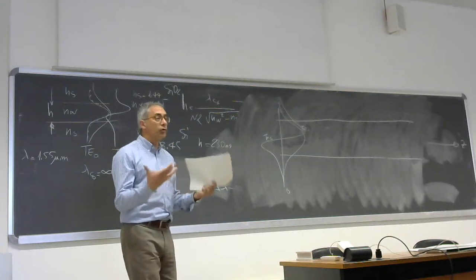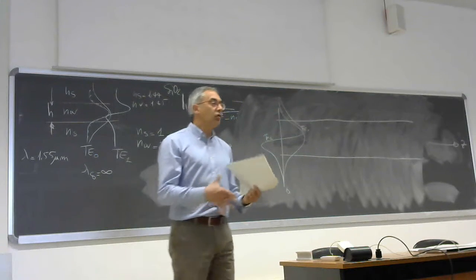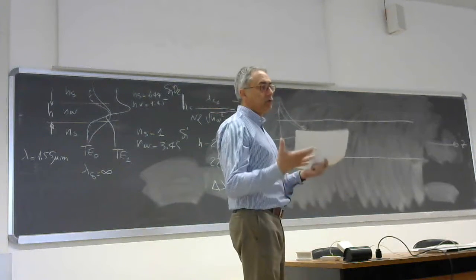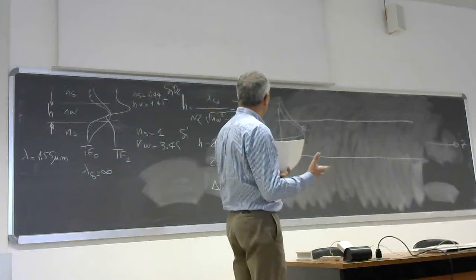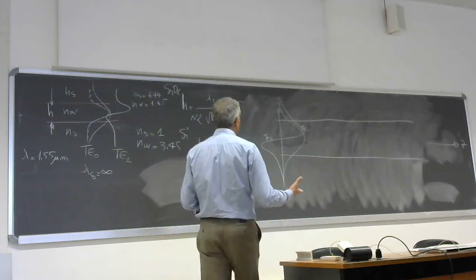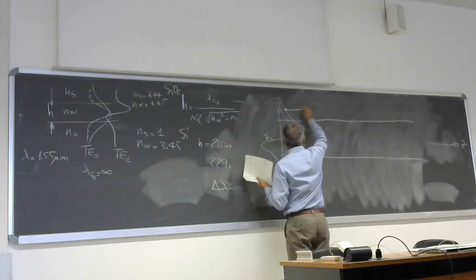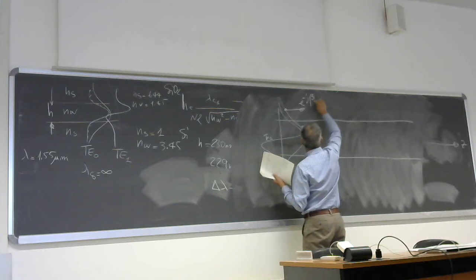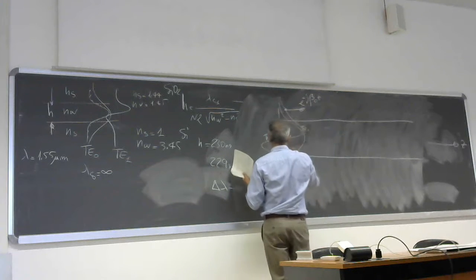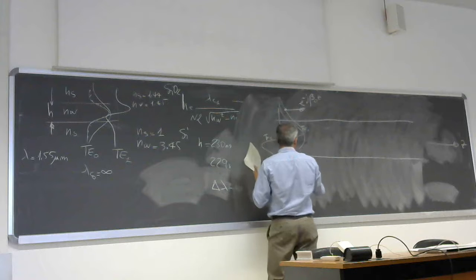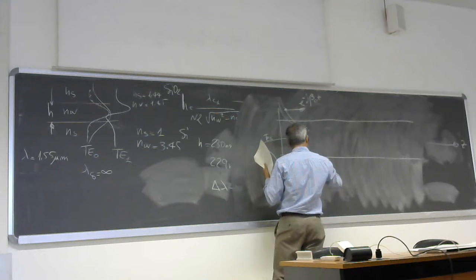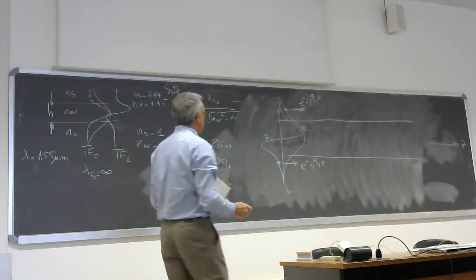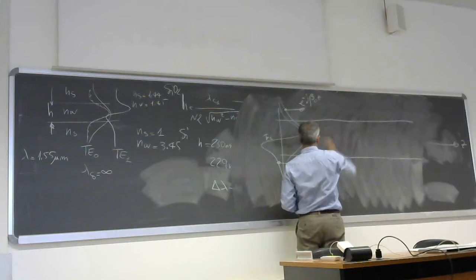These are 2 modes of the structure, so they are orthogonal in space and in time. They don't talk to each other, they do not exchange power, they propagate at a different speed. So this one propagates as beta 0 zeta, and this one propagates with a very similar, identical expression, but a different value, because this is the nef 0 and this is the nef 1.